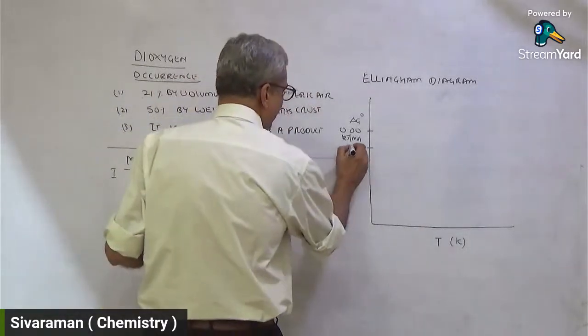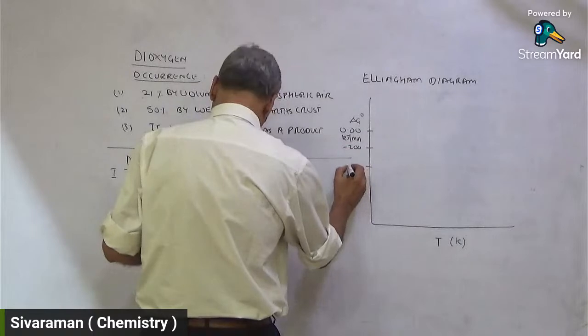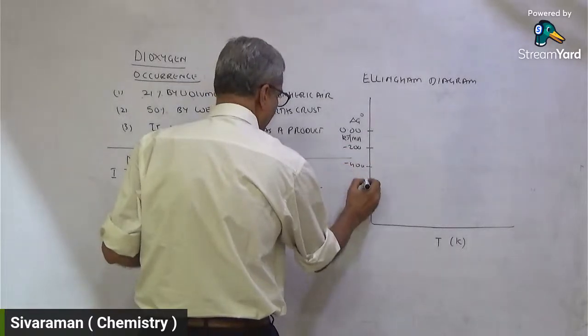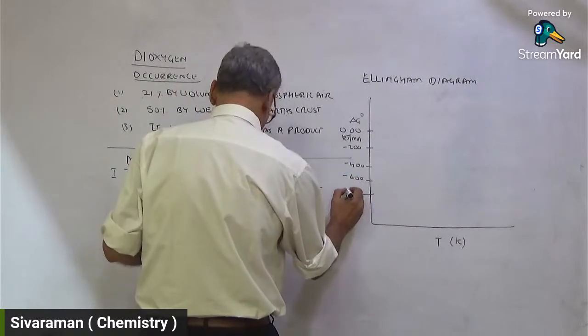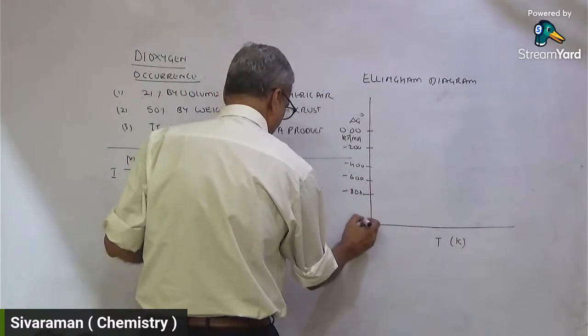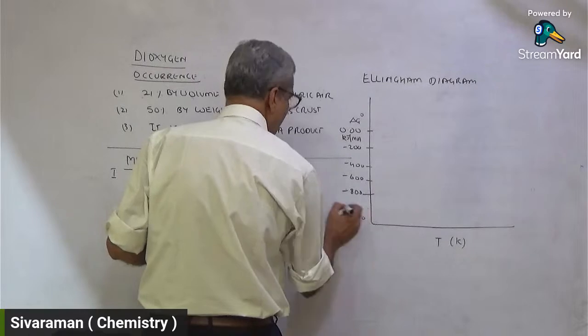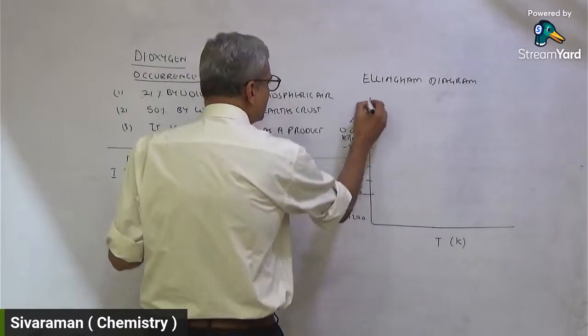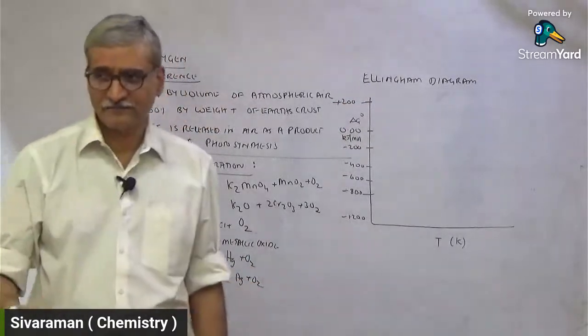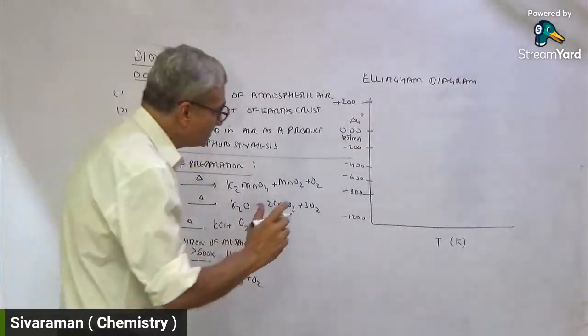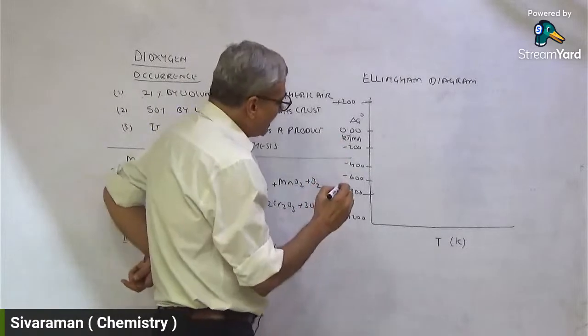This was minus 200, this was minus 400, it's not up to scale, huh? This was minus 800, and this was about minus 1200. So this will be plus 200.